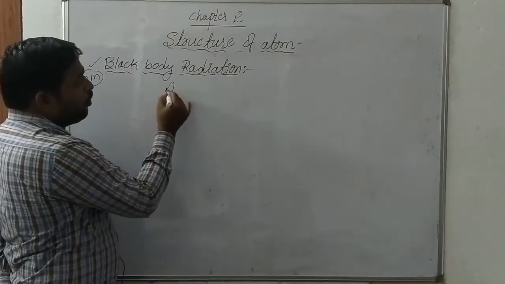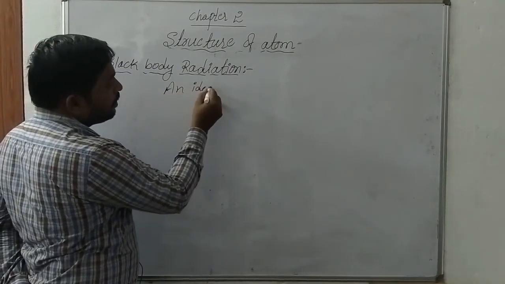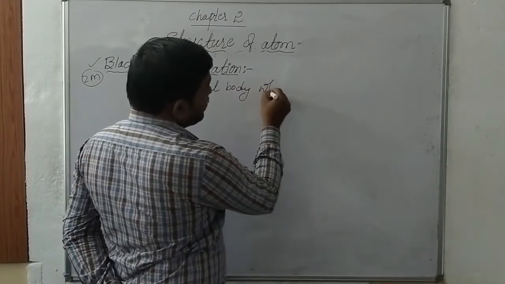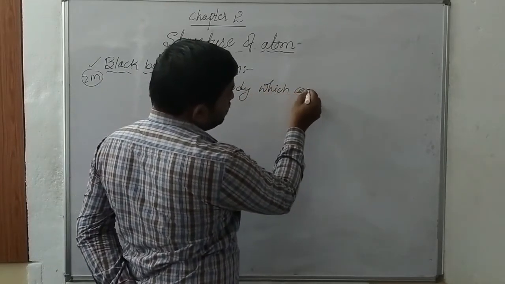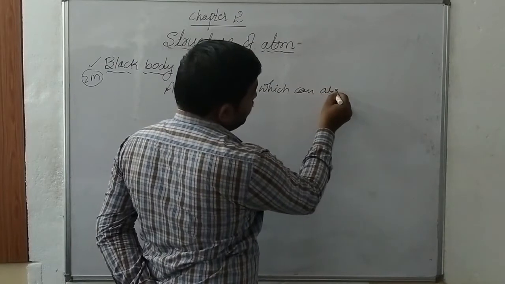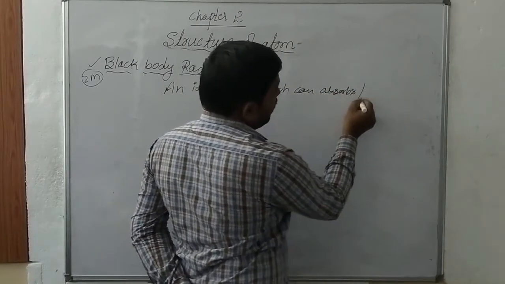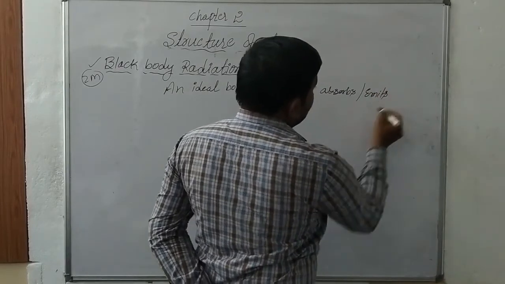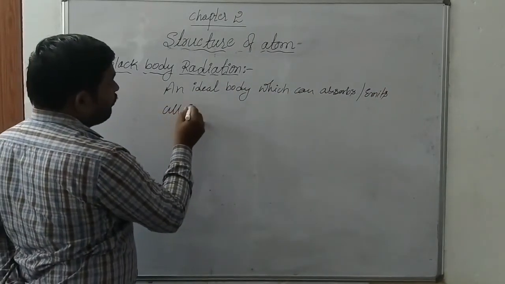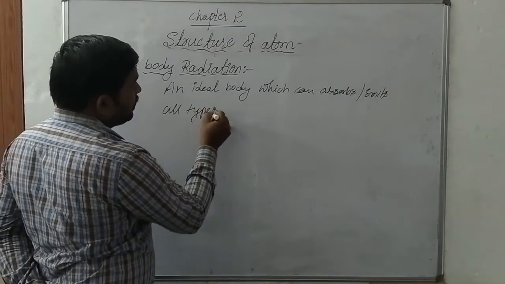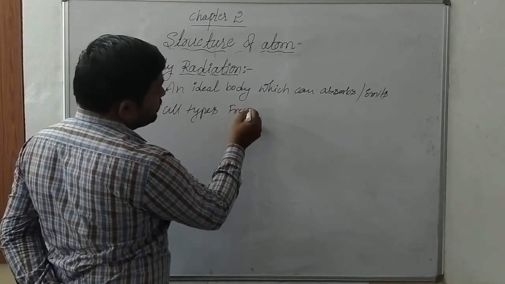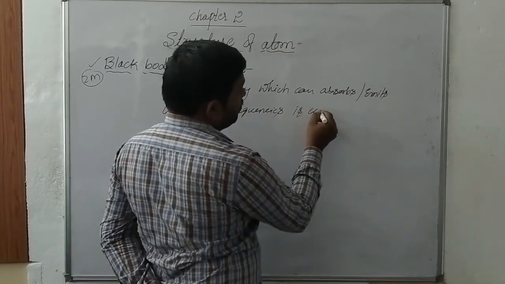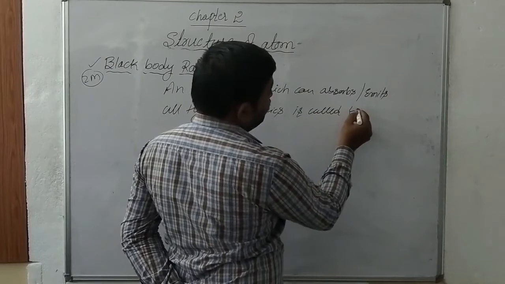An ideal body which can absorb or emit all types of frequencies is called a black body.